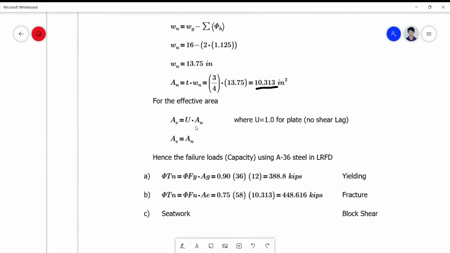consequently using the formula An multiplied by the reduction coefficient U, where U is equivalent to 1.0 for plates. So automatically U has no reduction coefficient for plates.